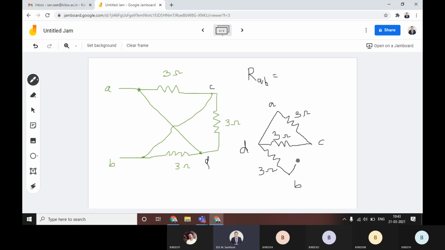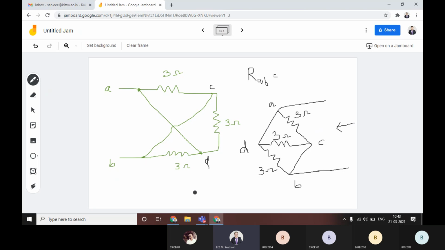Okay, and this one, there is no connection, simply a short circuit. AD are shorted and CD are shorted. Then you have this kind of bridge. If you look into this, you must find the resistance value.